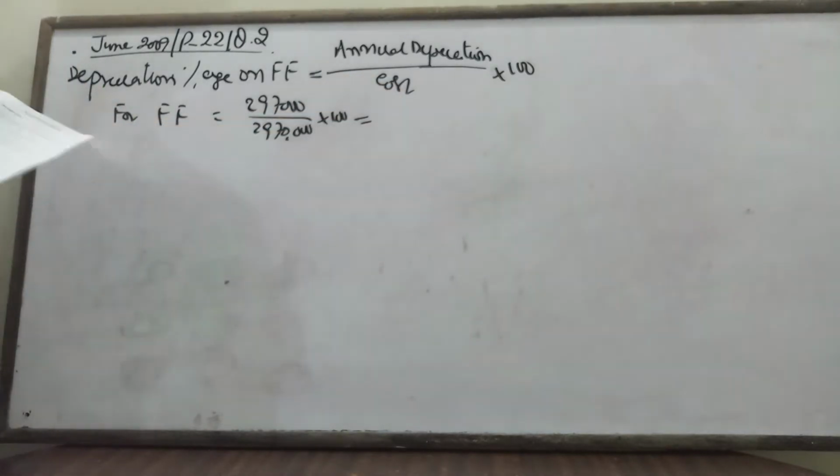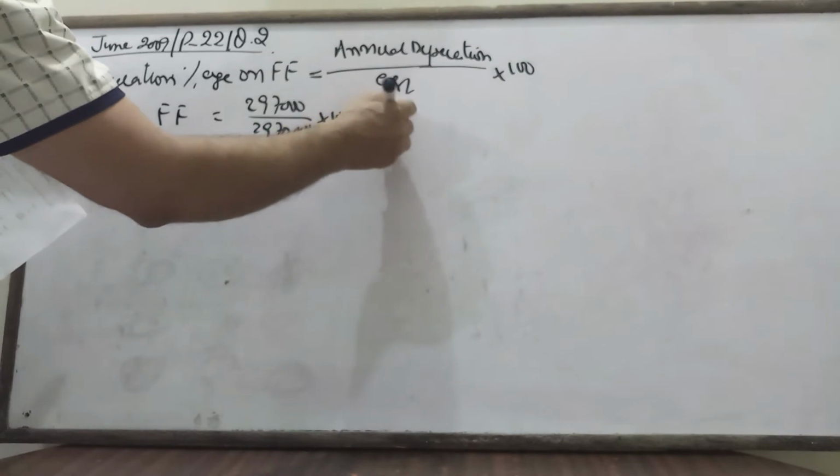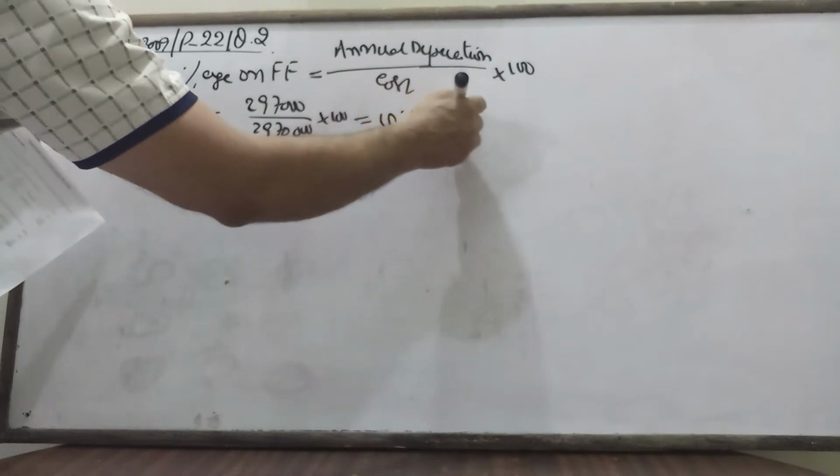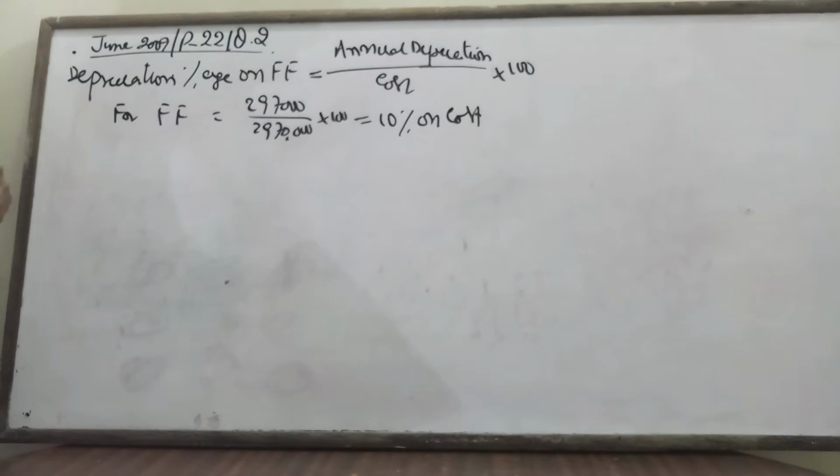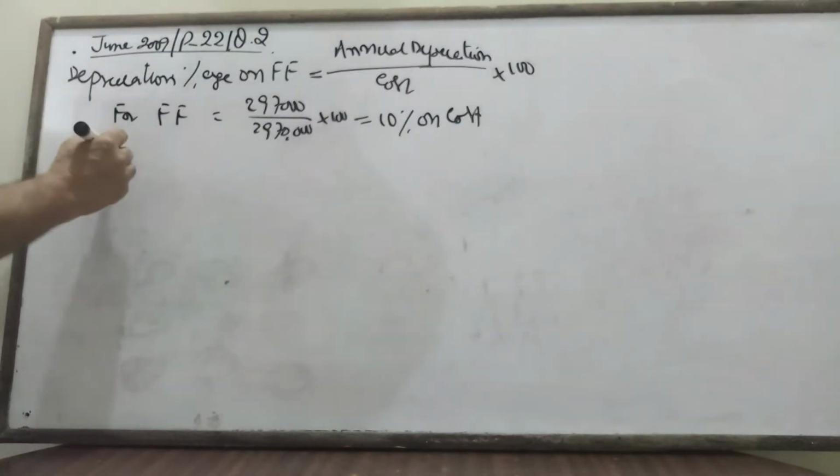That means in 2008 depreciation was calculated on fixtures and fittings at 10% on cost.